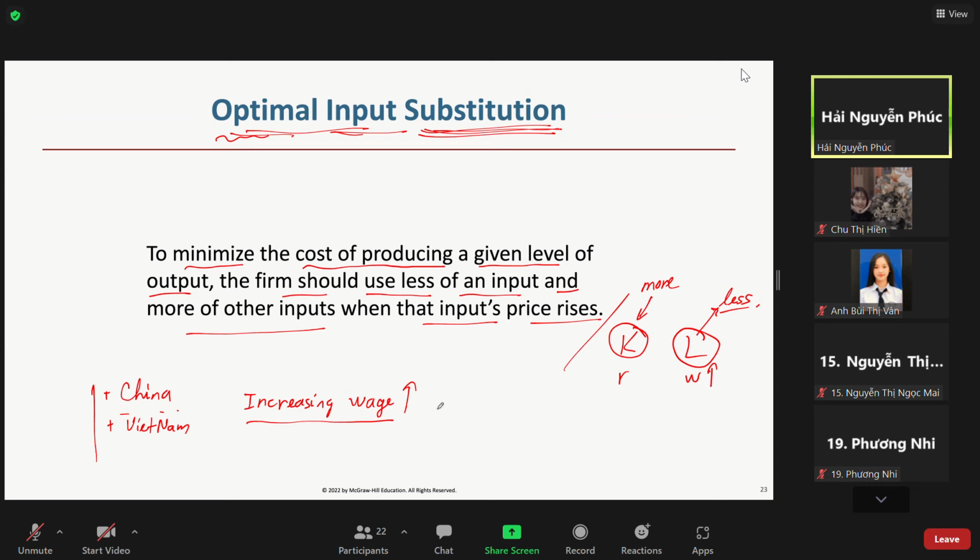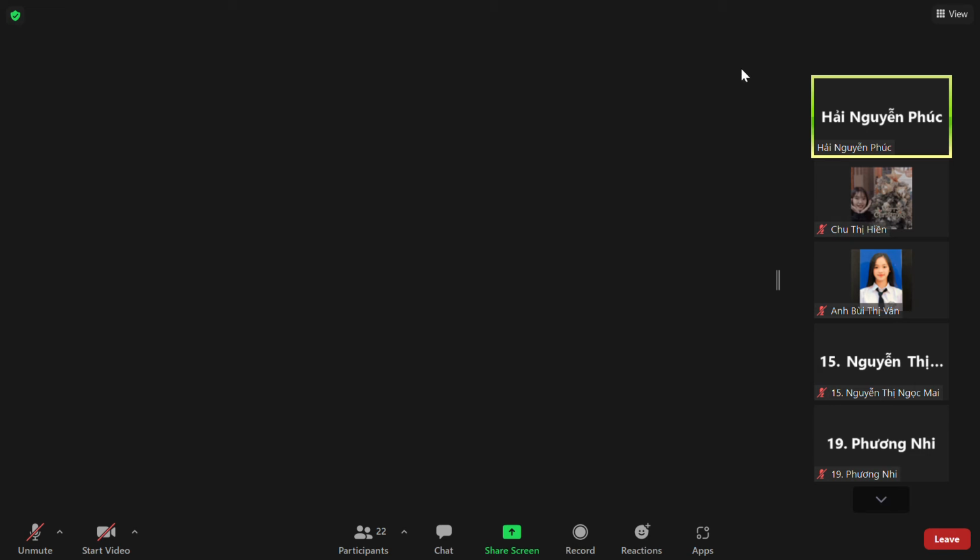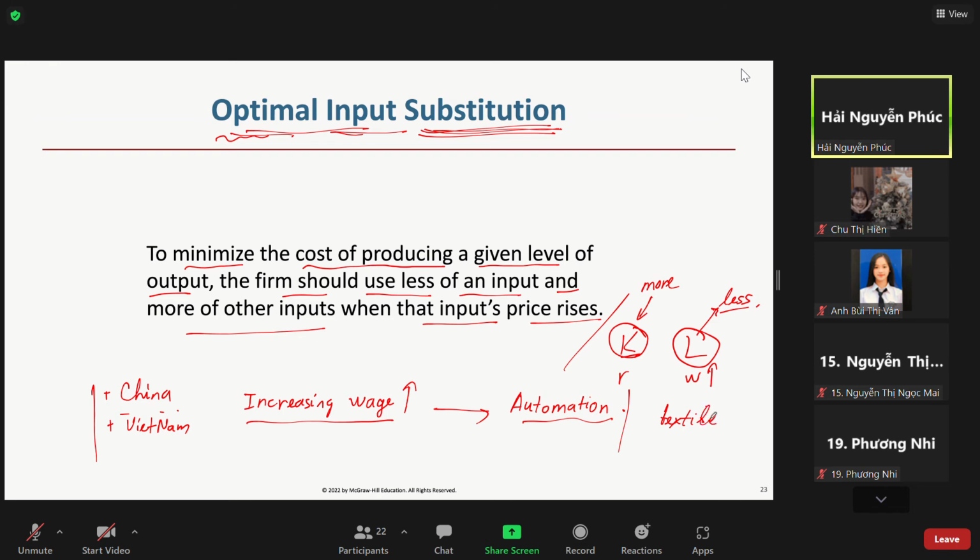All right. And that's why in practice, people are now talking about automation. It means that there is a trend of substituting robots, which is K, for labor input. And the process of automation exists in many industries, even in some very labor intensive industries like textile or apparel.